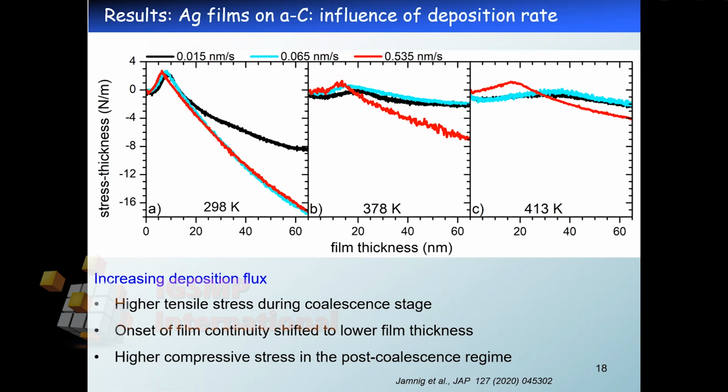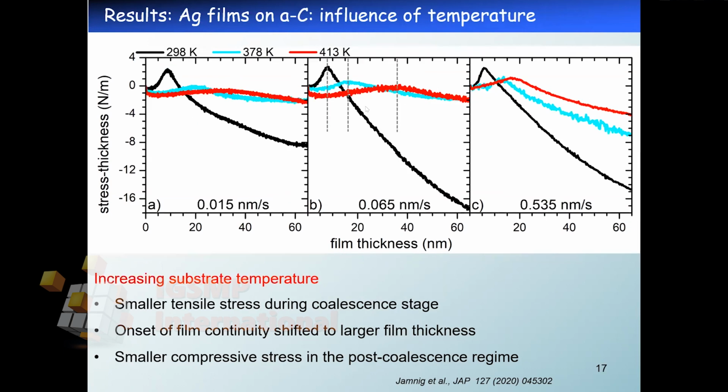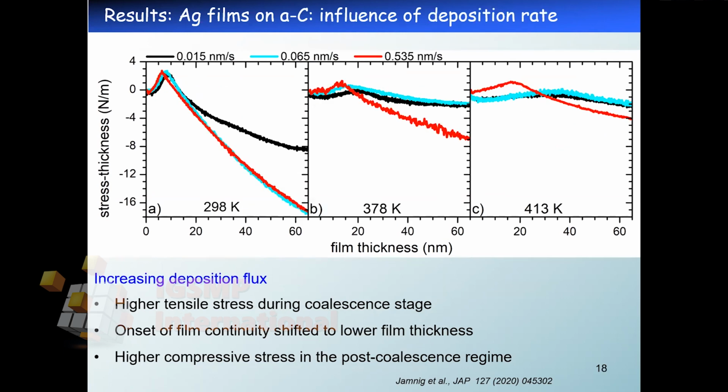In this case, this is related to the fact that increasing the deposition flux, you have a higher nucleation density, while if I go back to the previous slide, if I increase the substrate temperature, I have a lower nucleation density and the formation of larger islands.